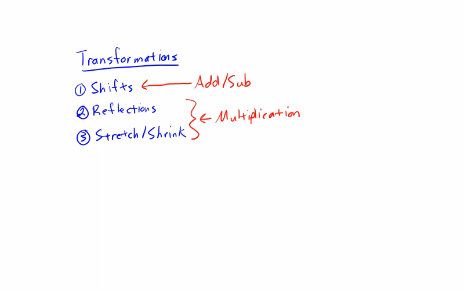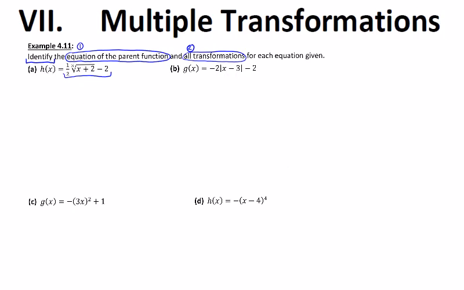So let me go back to the first slide again, and let's look at h of x. And what I want to do is strip away any of the operations that are going to be qualified as a transformation. So for example, +2, I'm going to strip that away. -2, I'm going to strip that away.